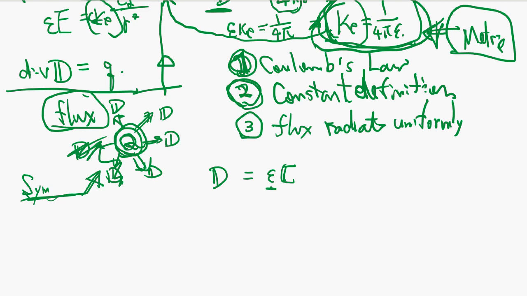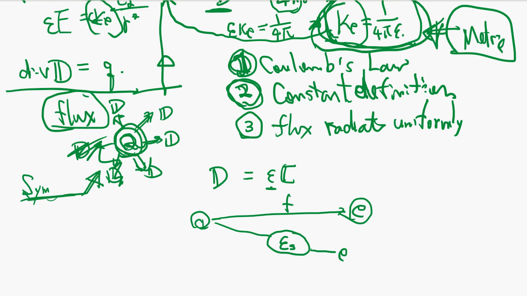What is this stuff? So this one is actually the material constant. And suppose you have a Q and it's acting on E, the force is determined by Coulomb's law. Suppose you have a different material here, epsilon, on the way.